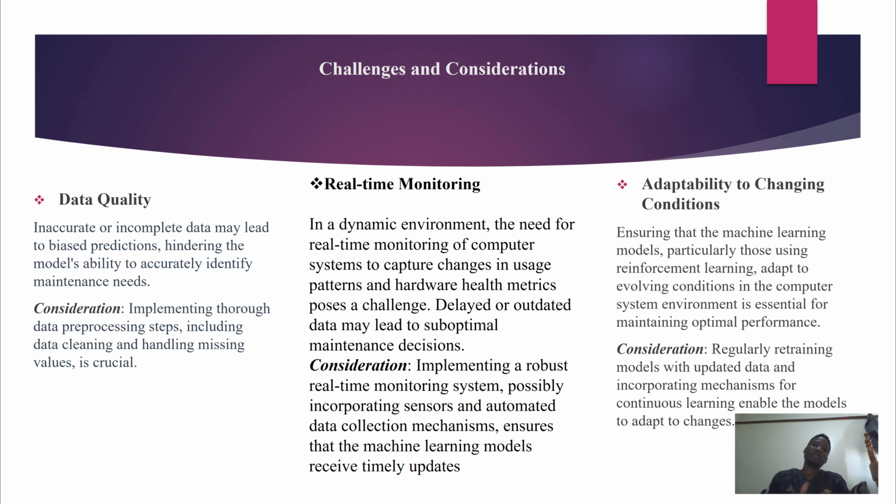So here our consideration is going to be regularly retraining models with updated data and incorporating mechanisms for continuous learning. So this will enable the models to adapt to changes in the environment.